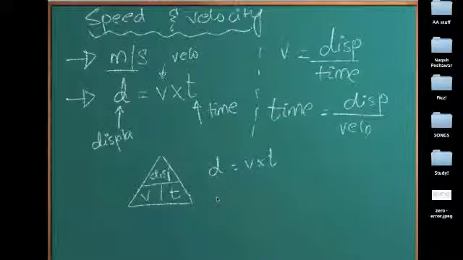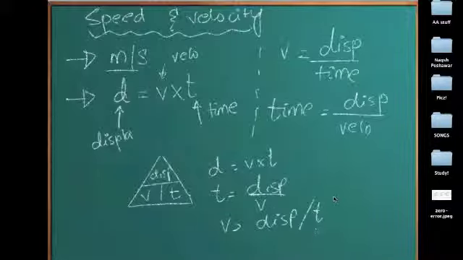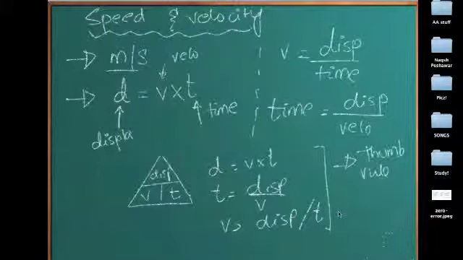Cover this one, if you want to find time, it will give you displacement divided by velocity. Cover this one again, and you will get displacement divided by time. This is a thumb rule for kinematics. You should always remember this one formula, and you should always know how to change the subject.